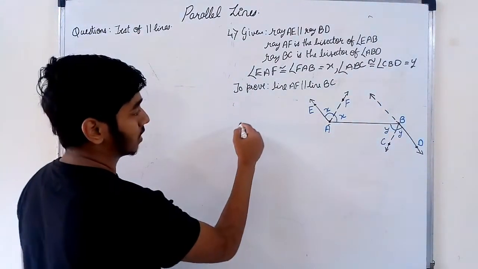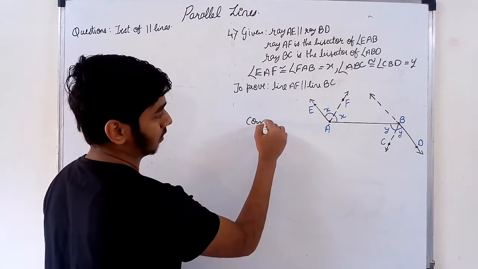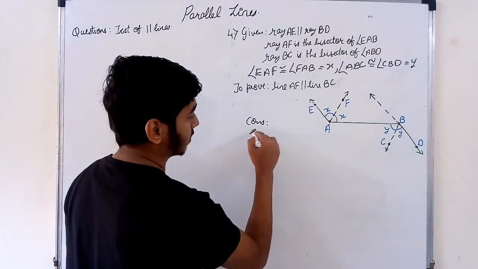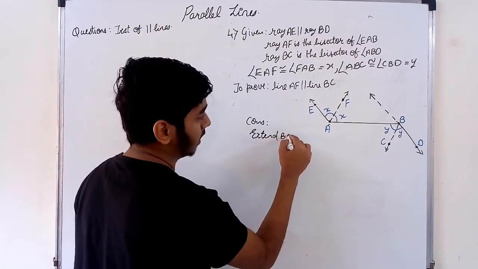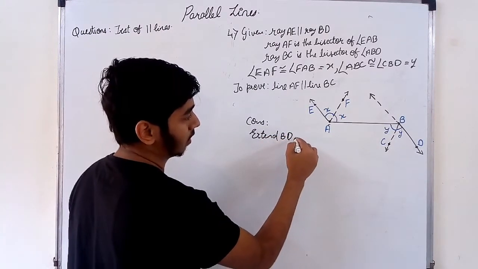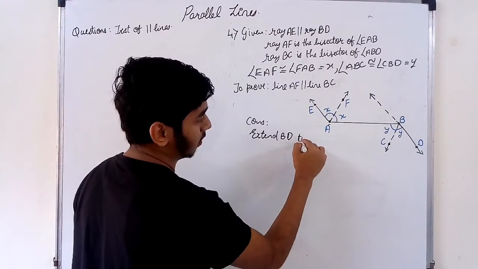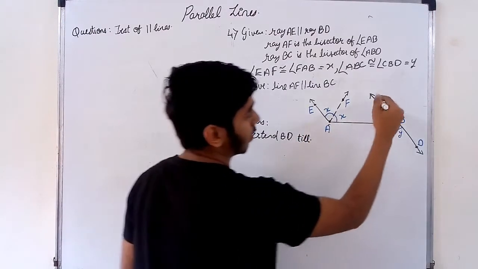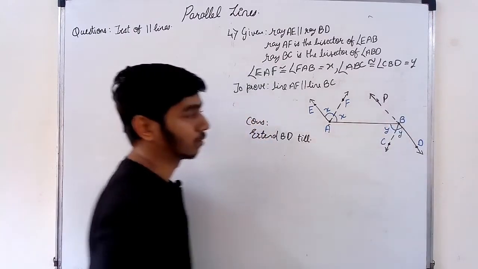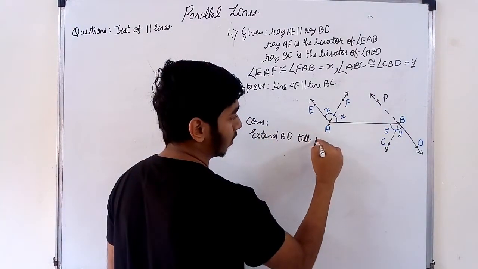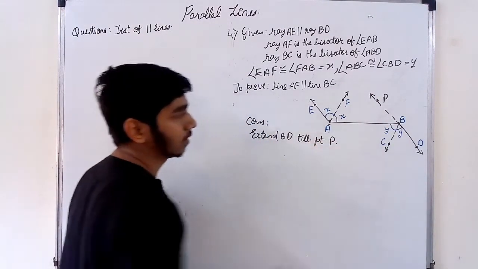So the construction here will say: extend BD till, let this be point P.